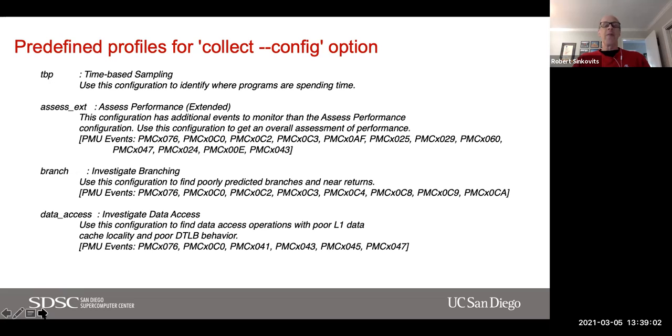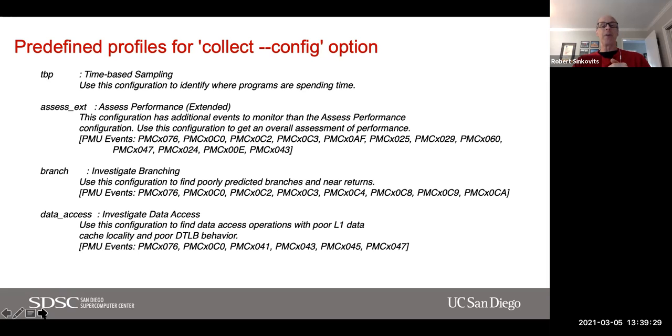So uProf gives you a lot of control over the information that you want to collect, that you want to sample. The simplest is time-based sampling, tbp, and you're going to use this configuration to identify where programs are spending their time. And again, this is going to be pretty much the same as what you did with Gprof.